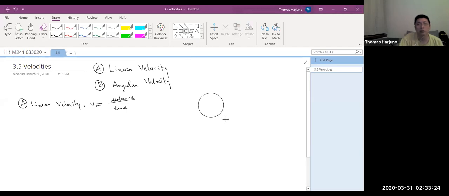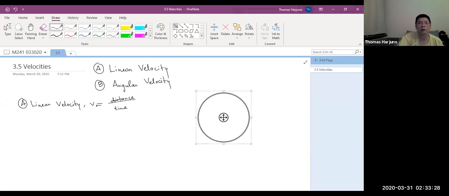Now linear velocity refers to the distance traveled along the curve, the distance traveled here, the distance traveled here, along this curve here, over time.